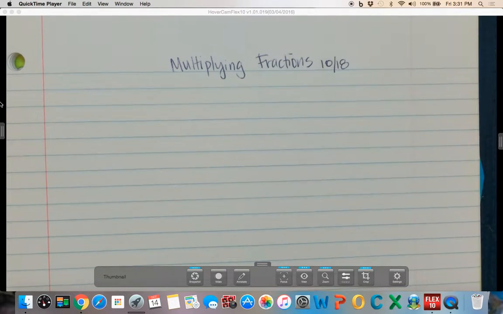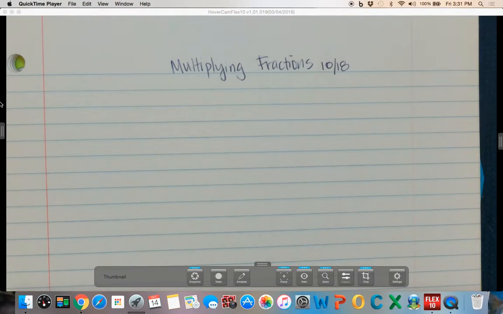Alright guys, so we've been talking a lot about dividing fractions and why we divide fractions, what it looks like, and trying to make sense of it. And I just want to go over a skill that you probably learned last year, multiplying fractions.